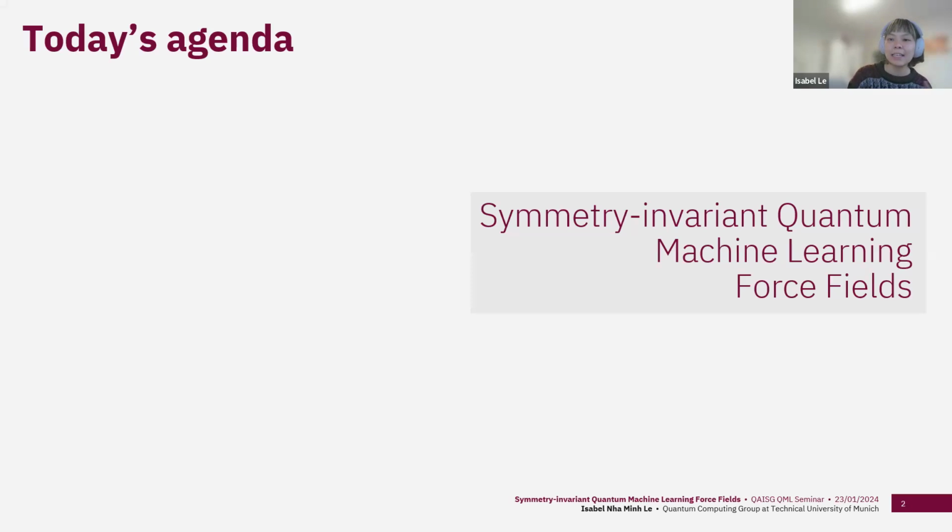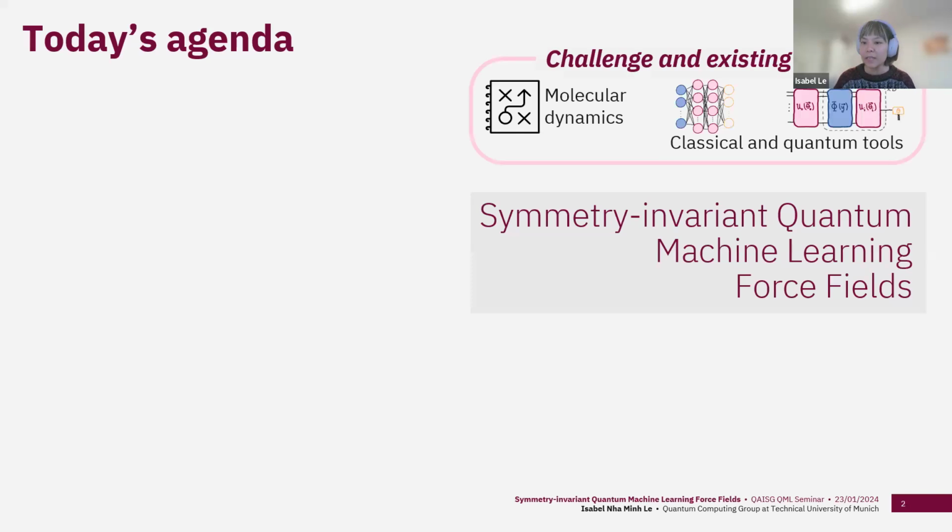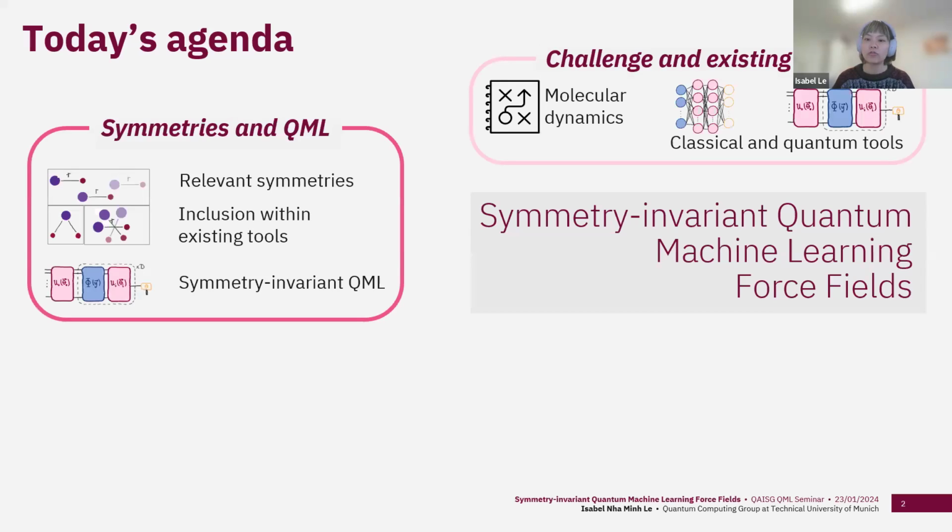I will start this talk by introducing to you the overall setting of this project, which was namely molecular dynamics and some existing classical and quantum models that can already tackle this challenge. I will then talk about the role of symmetries within chemical systems and how geometric quantum machine learning can be used to incorporate these invariances.